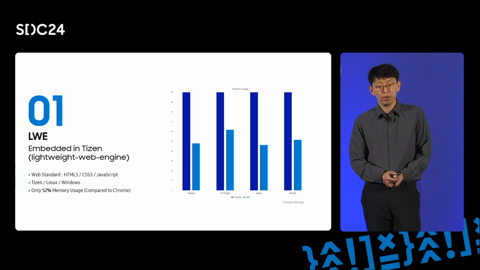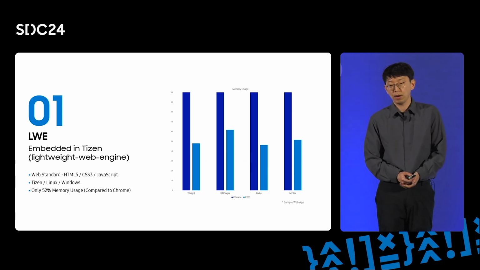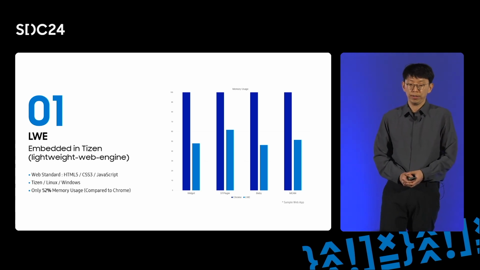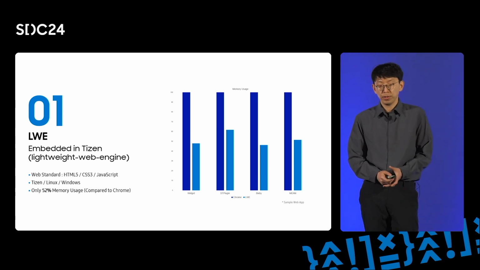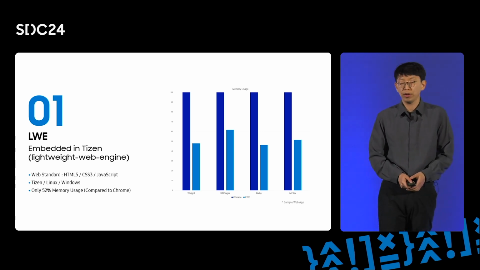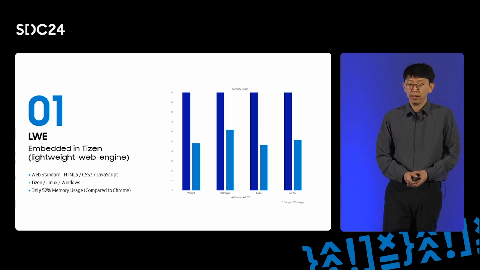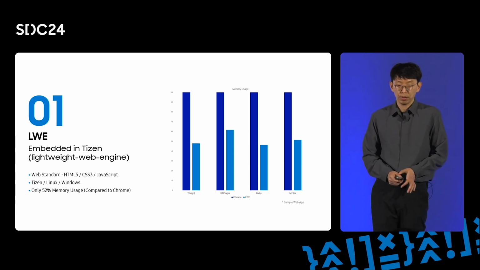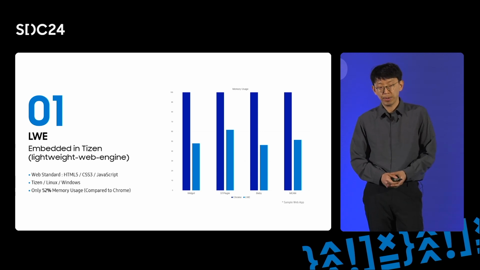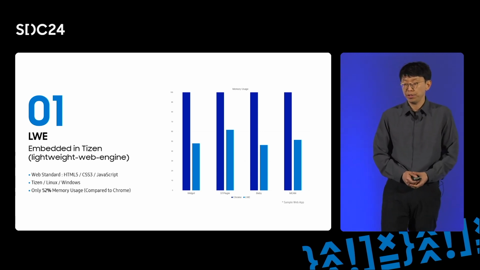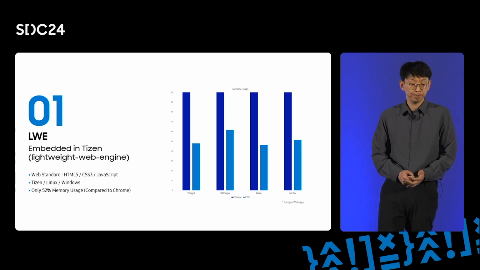The graph on the right side shows a comparison of memory usage between LWE and the Chrome browser based on measurements from several sample web apps. Using Chrome's memory consumption as a baseline, LWE uses on average just 52%, roughly half the memory. This demonstrates the impressive memory efficiency of the LWE engine.